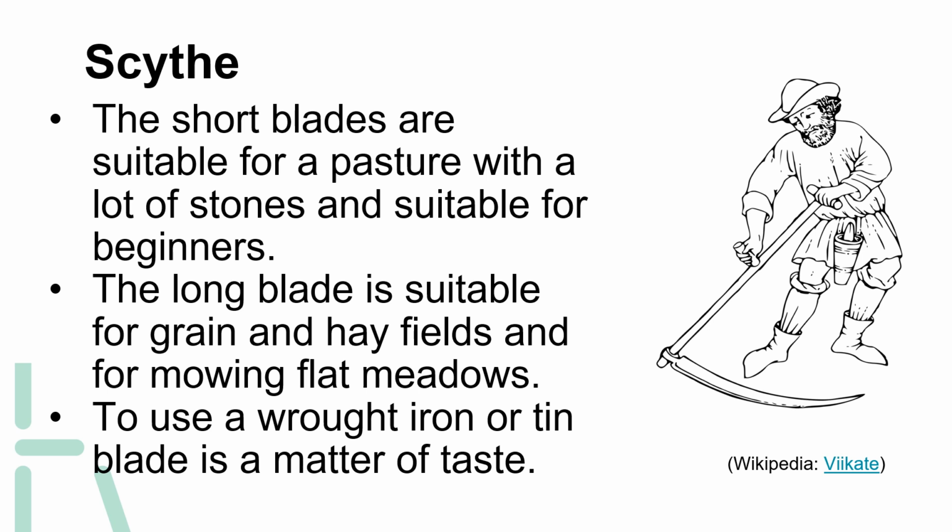Whereas these in the picture here to the right, with a very long blade, are suitable for mowing grain and also hay fields, when you mow very flat meadows. Then if you use a wrought iron or a thinned blade, that's a matter of taste.